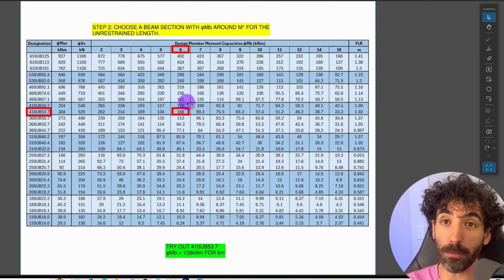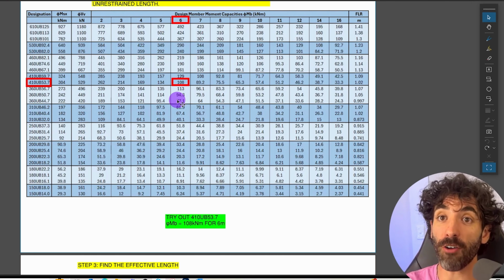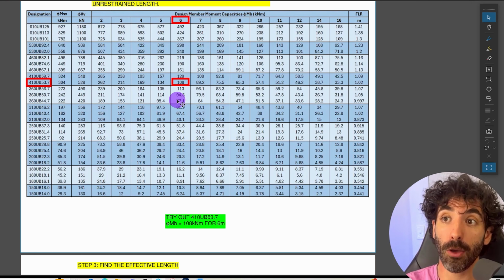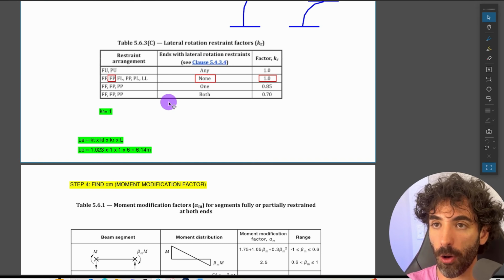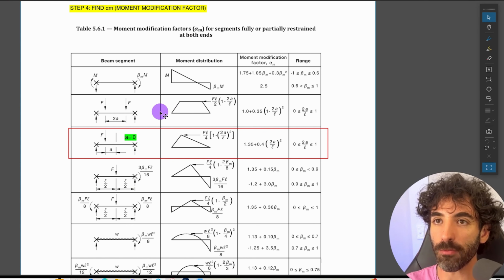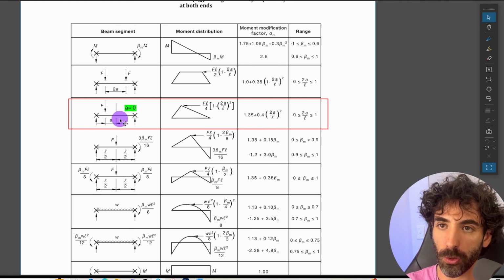Or if you want to optimize your design, you can find alpha M. And then when you find alpha M, you're going to multiply by the numbers on this table. And that's exactly what we're going to do right now. So if we scroll down back to our alpha M table, you're going to find the image that represents the point load, which is this one. The point load is at the mid-span.